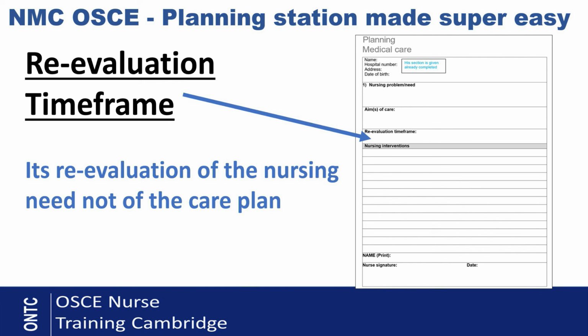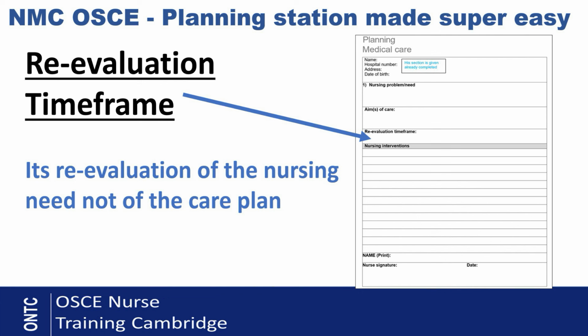So when you look at those words, re-evaluation of the nursing problem, as in the marking criteria, then it's very clear it is about re-evaluation of the nursing need, the nursing problem, not the re-evaluation of the care plan. Okay, so lots of people think it would be after next 24 hours, because that would be when we re-evaluate the care plan. No, it's not about that.